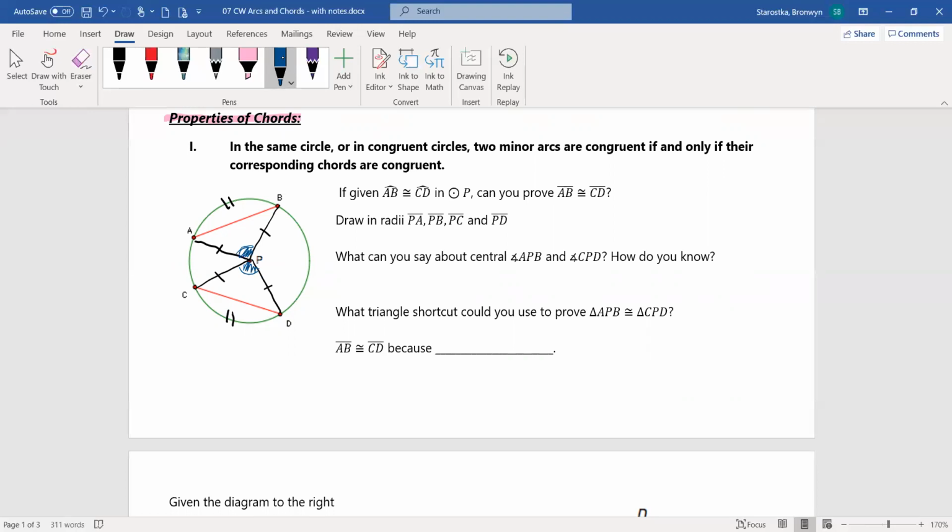I'm going to say that those angles are congruent. They're congruent because they're central angles and their arcs are the same, which means those central angles must be the same.